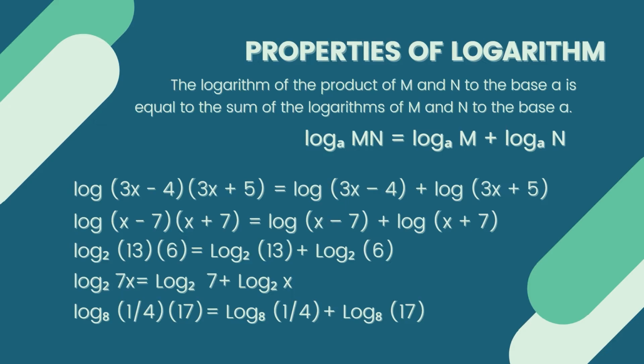Logarithm of 2 times 13 and 6 equals logarithm of 2 times 13 plus logarithm of 2 times 6. Logarithm of 2 multiplied by 7x equals logarithm of 2 plus logarithm of 7x. Logarithm of 8 1/4 multiplied by 17 equals logarithm of 8 1/4 added to logarithm of 17.